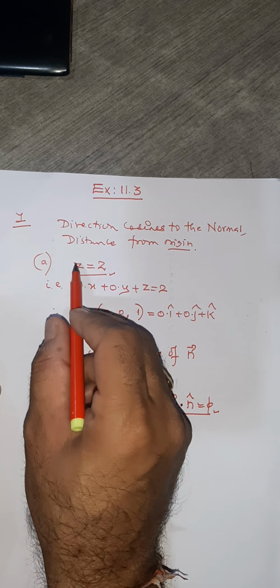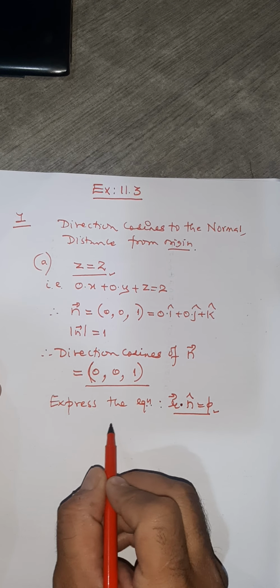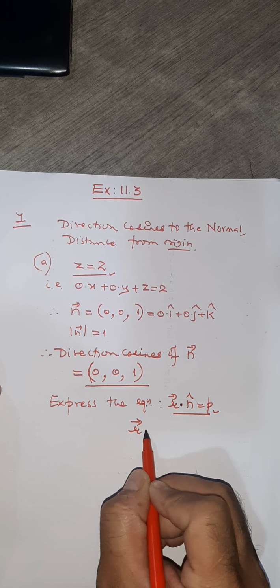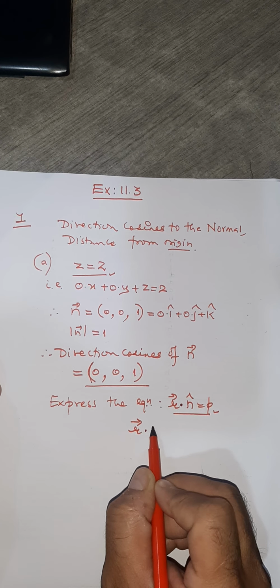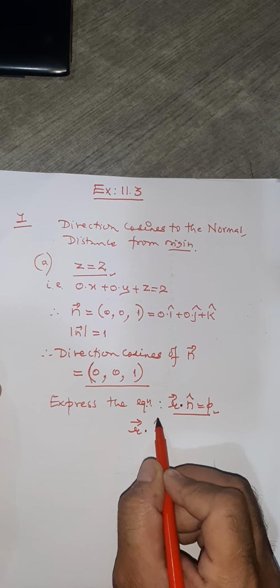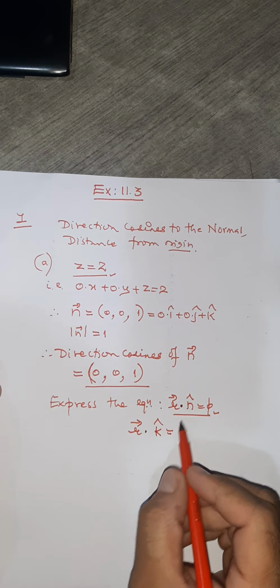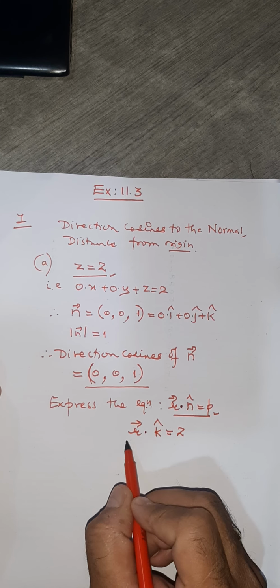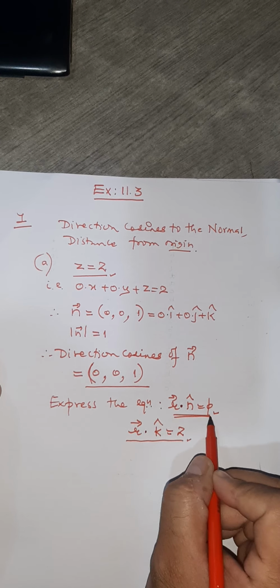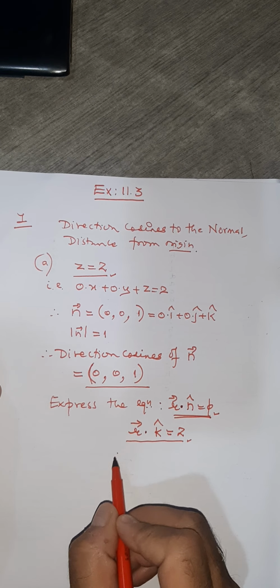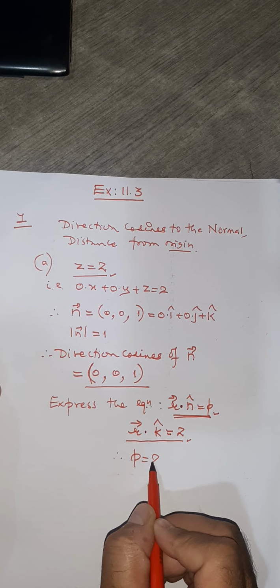Now it is already unit, so the above equation is already in this form. I can write here r dot, what is the normal here? That is nothing but k cap, equals to 2. This equation is already in this form because this is already a unit vector. And then p represents the distance from the origin.